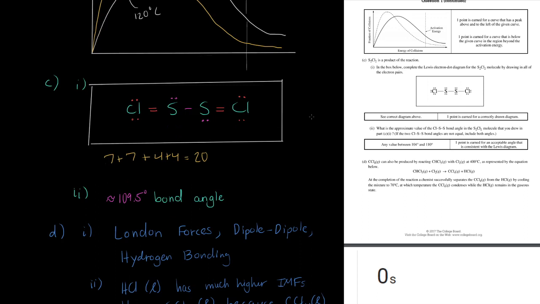Okay. And this is an example of me again needing to review these Lewis dot diagrams. What I was doing at the very end, I remember, was I was writing out a diagram that looked something like all these Cls and then the S, and then the S, and then the Cl.